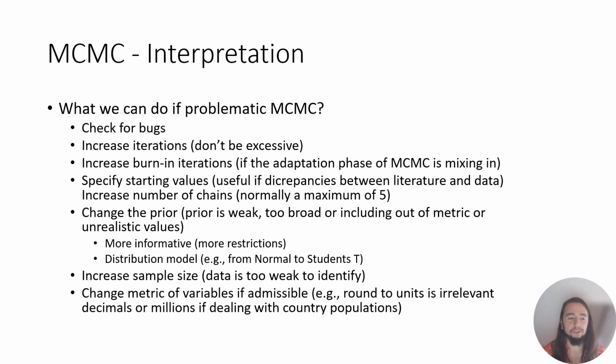Other potential solutions: specify starting values. This is useful if there are big discrepancies between the literature and the data. It makes it easier for the MCMC to find the best zone to draw the posterior. Another potential solution is to increase the number of chains, normally a maximum of 5. This is very rarely seen, because the computation power just scales up.